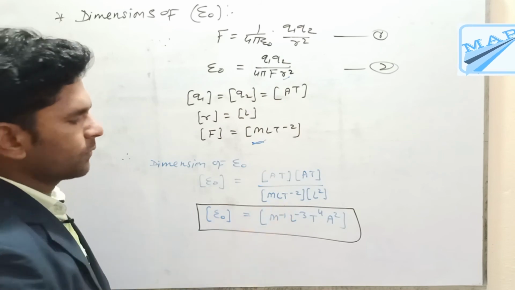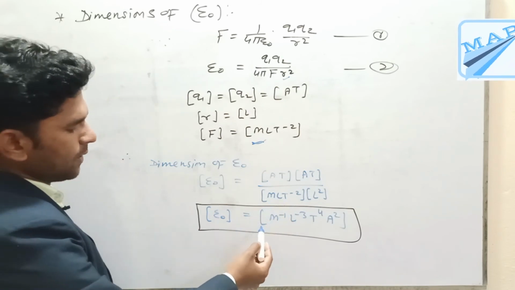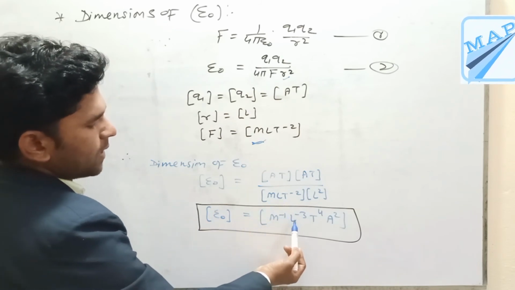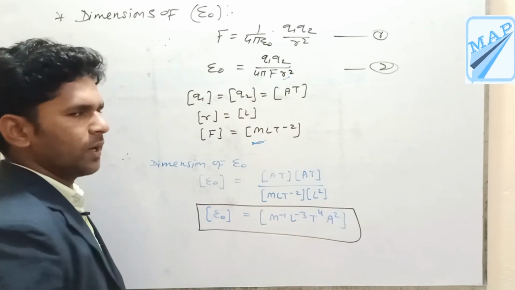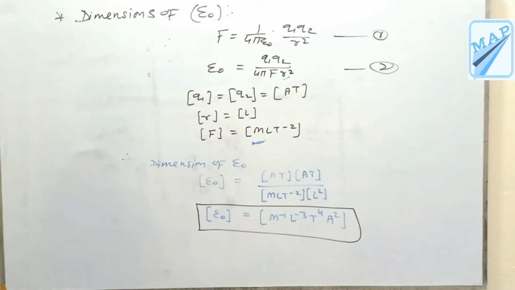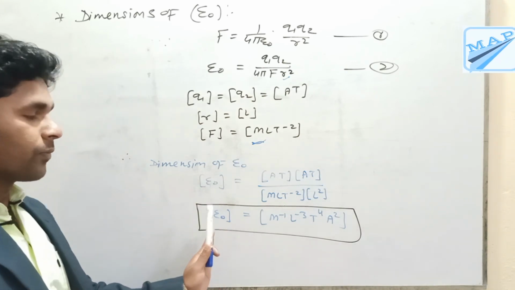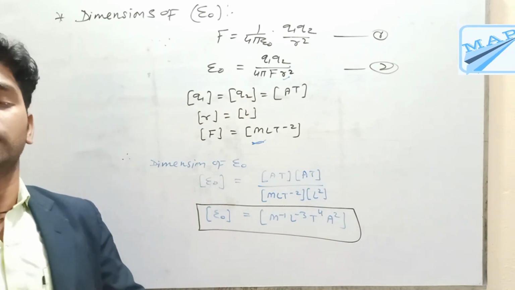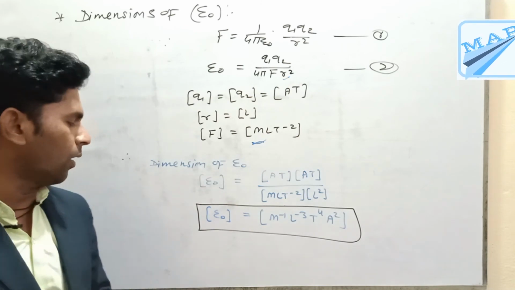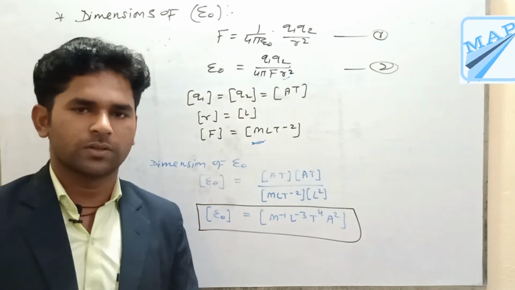Solving and arranging these values, you get the final answer [M^-1 L^-3 T^4 A^2]. This is the dimensions of epsilon naught, or you can say the dimensional formula of epsilon naught.